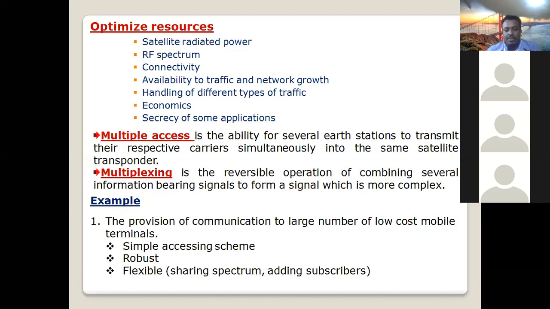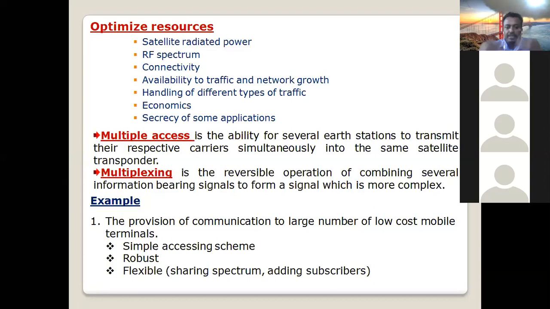On the source side, we combine different signals in one carrier and transmit it. On the destination side, there is a reverse operation, which we call demultiplexing, meaning separating these information-bearing signals. These are the multiplexing and demultiplexing operations.